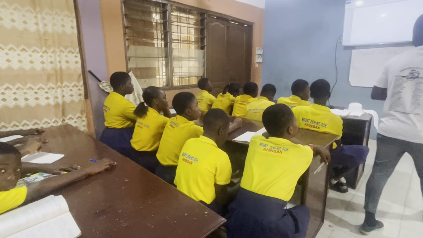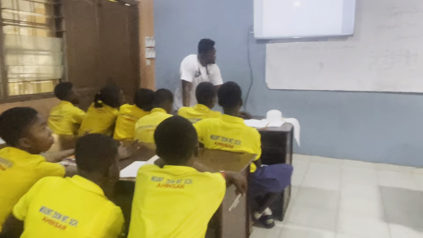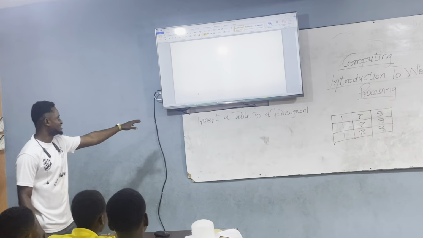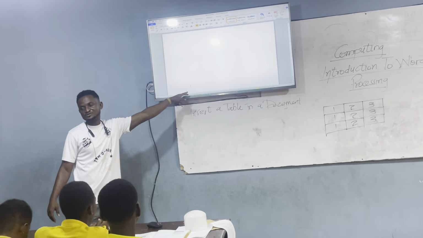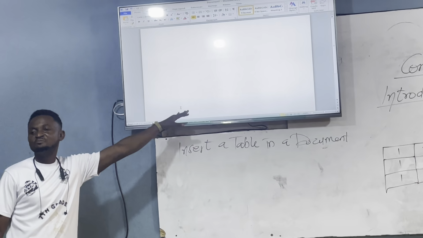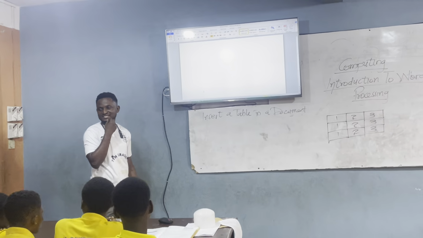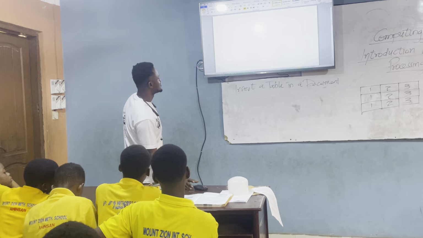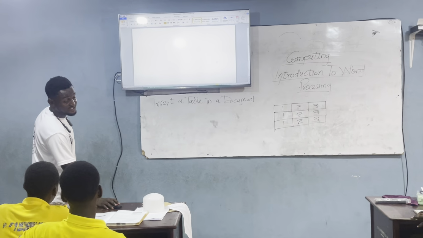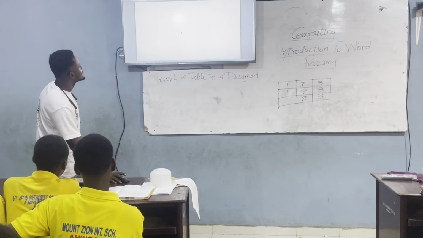So if I want my table to appear on this side, I will just bring my insertion point here. And how are you going to bring the insertion point to an area in the document? By double clicking in that particular section. So if I want to bring my insertion point here, I'll double click, and it will come.